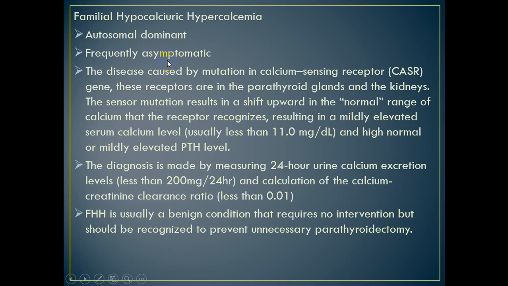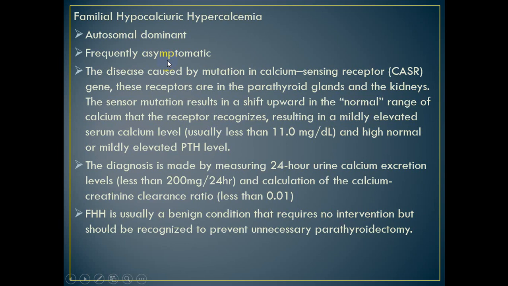This is the normal range in which the parathyroid will act normally without increasing or decreasing parathyroid hormones. In familial hypocalciuric hypercalcemia, this normal level will shift slightly up, so let's say from 9.5 to 11.5, resulting in mild elevation of serum calcium level and high normal or mildly elevated parathyroid hormone level.